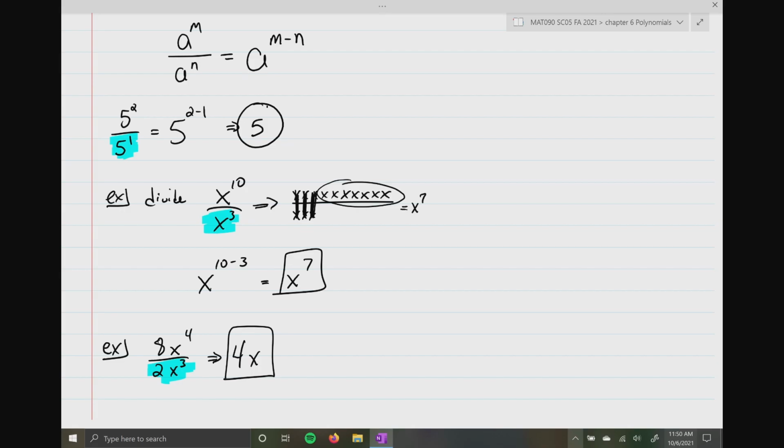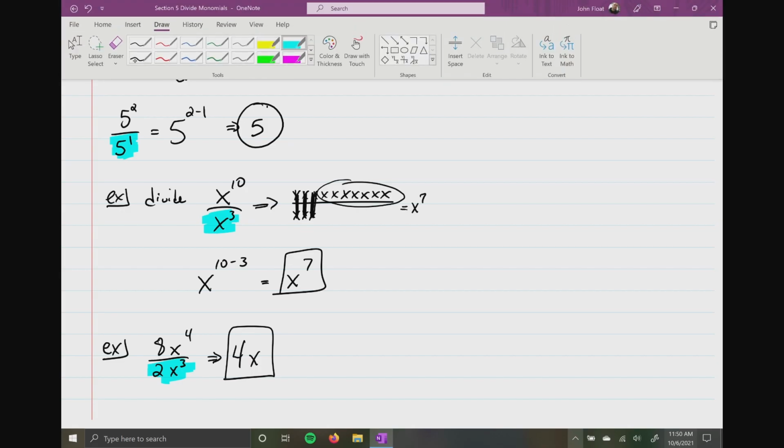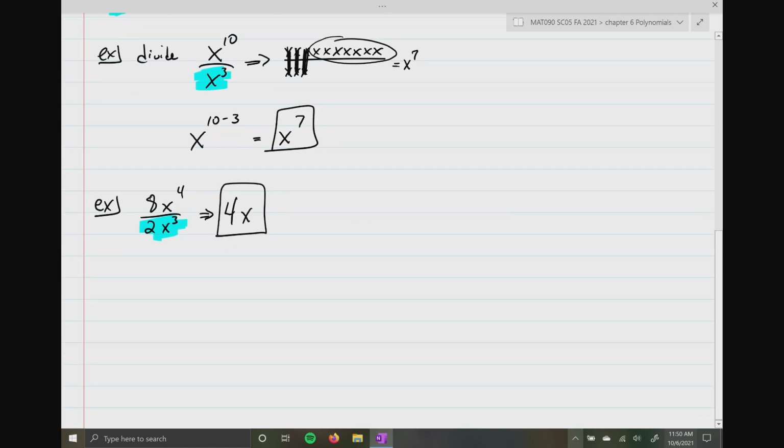Now, there may come a time where you have something crazy like this. I don't know about you, but I do not want to get my calculator out and type in 10 to the 15th power. Does anybody know how large that is?